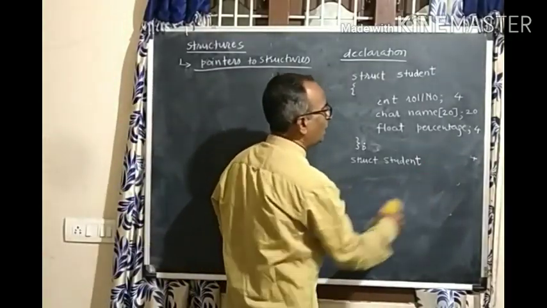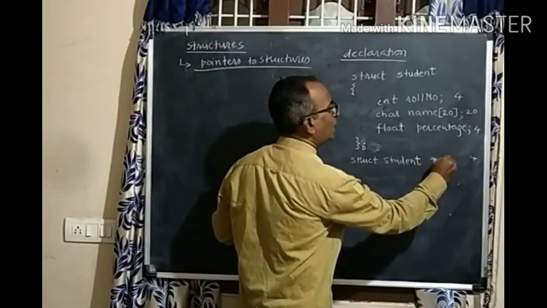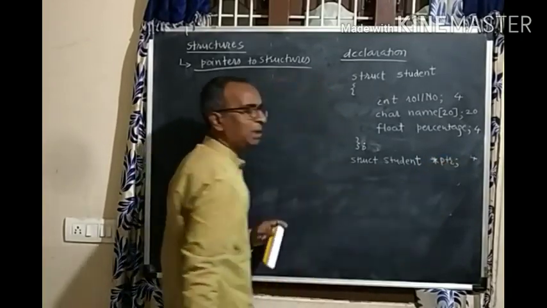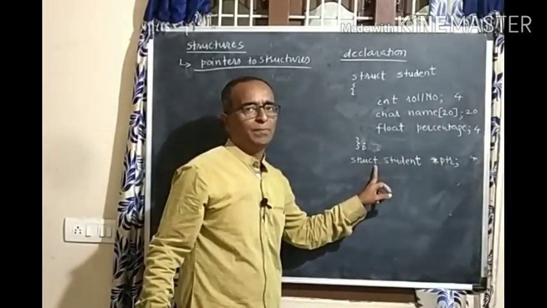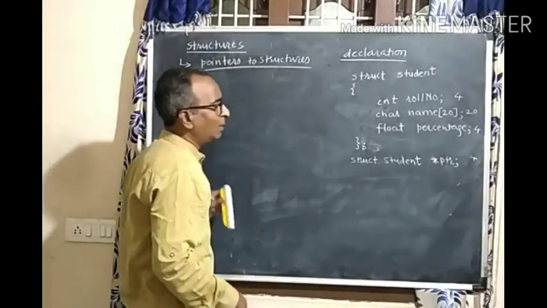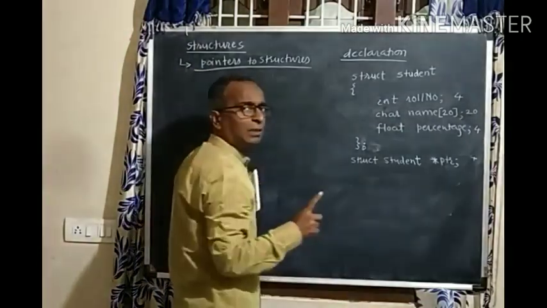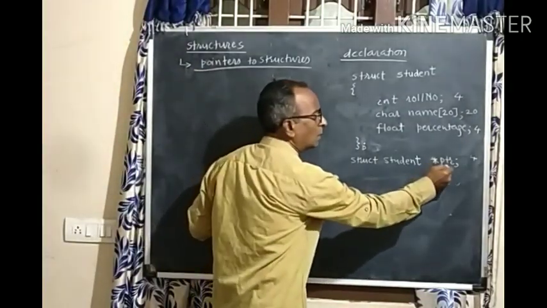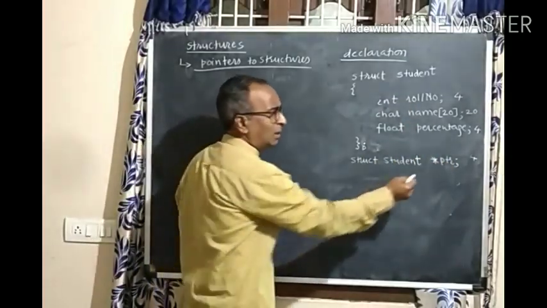This is the type. If I write star ptr, now what is the type of ptr? ptr is a pointer to struct student. So what will happen here? See, this memory is not allocated for a structure. This is for the pointer variable. The size will be the same.